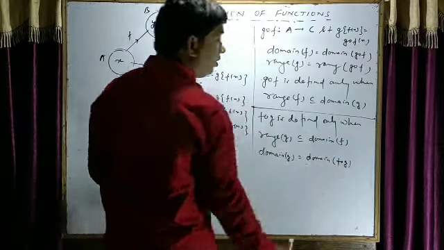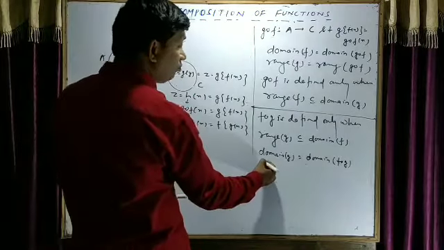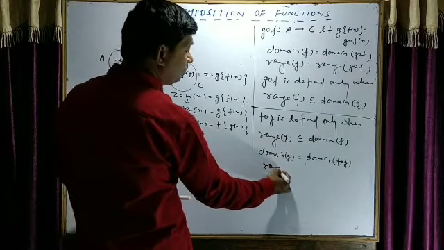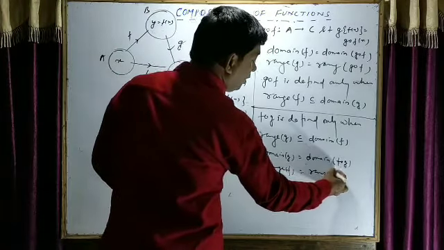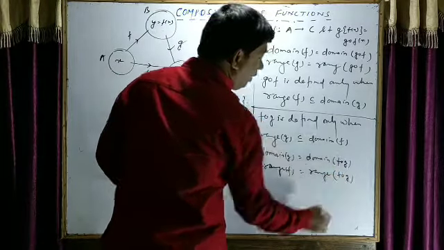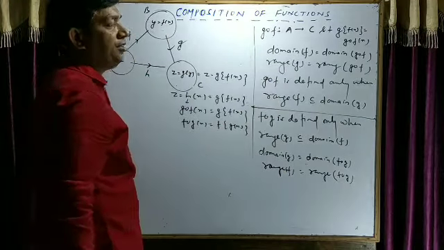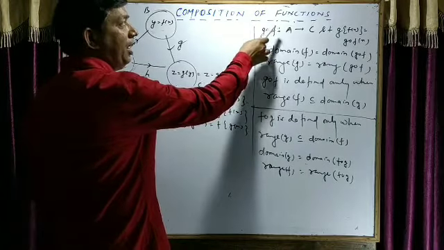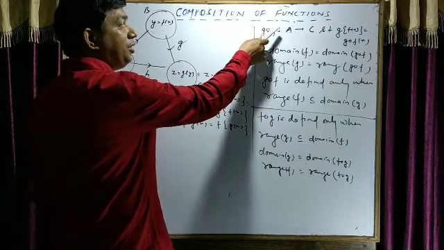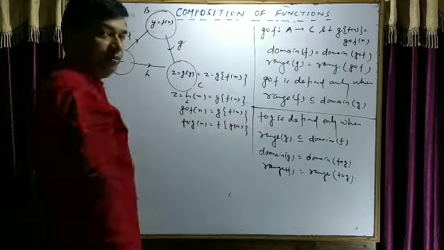This is called f circle g, and range of f is equal to range of f o g. This is called f o g and the previous one is called g o f. G circle f means g o f, a composition of f and g, and f o g is a composition of g and f.